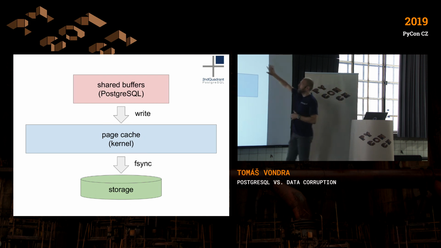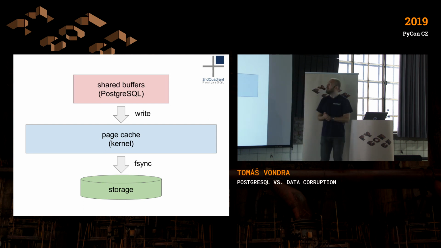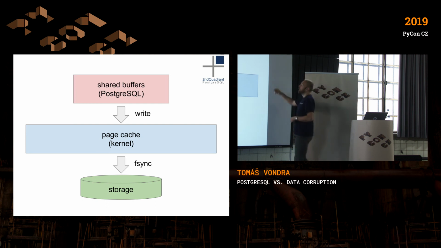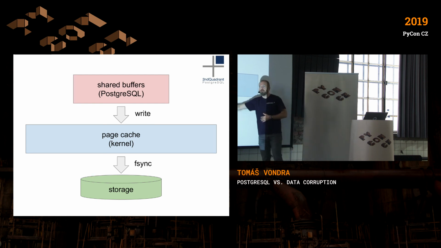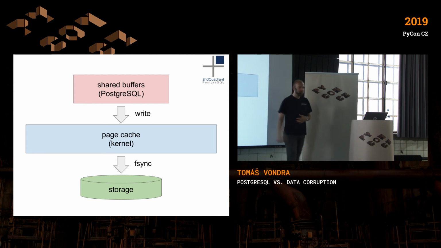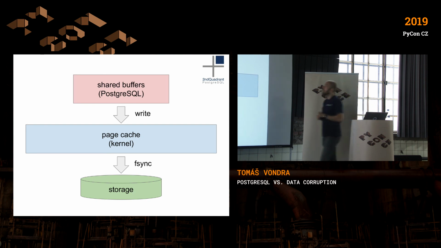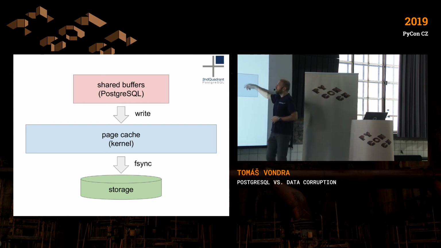Postgres has the modified data in shared buffers, which is the database-managed memory shared by all processes. Then when we do a checkpoint, we write that into page cache. At the end of the checkpoint, we do fsync, which forces it to disk, right? And we kind of assume that we can do this and then repeat this part writing to the disk.